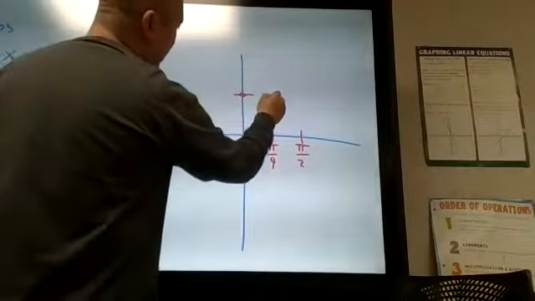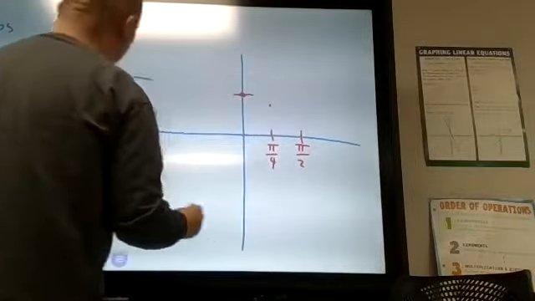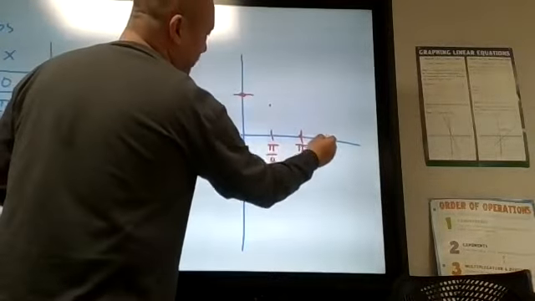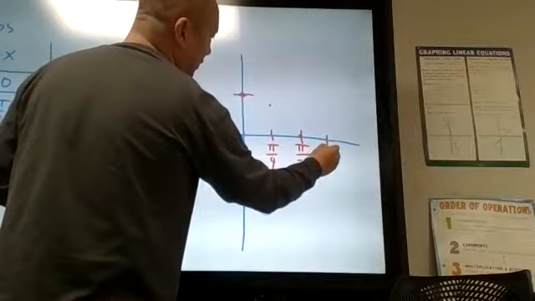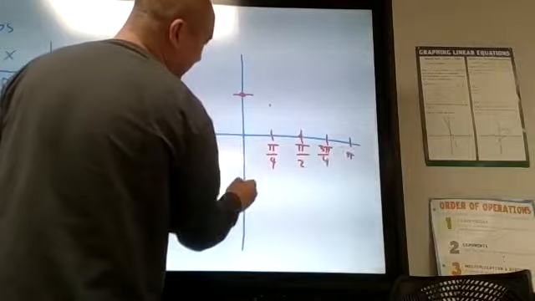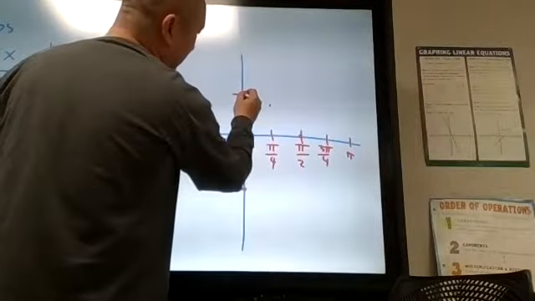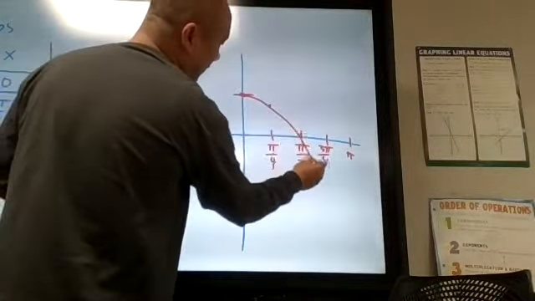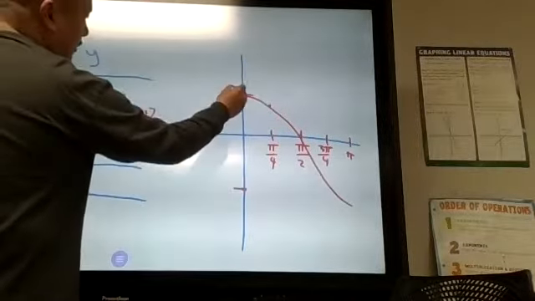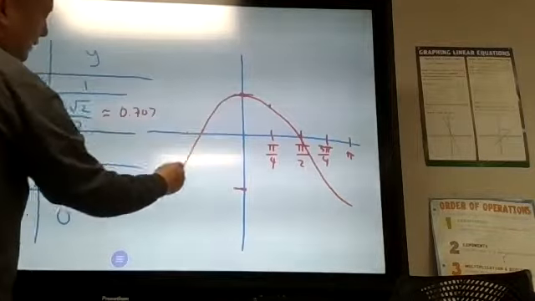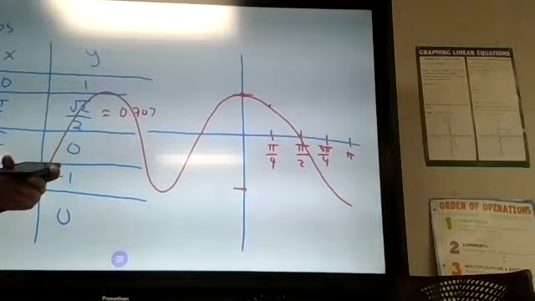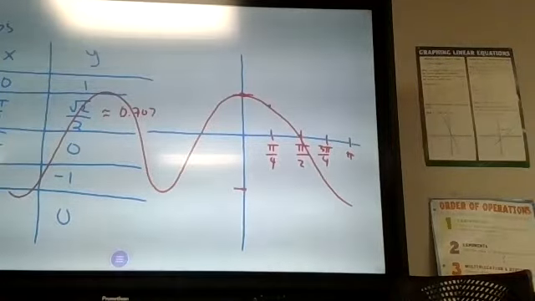So 0.707 is like right here. Pi over 2 makes this 0, right? This is 3 pi over 4. And then this is pi. And by the time it hits pi, it's going to be at -1. So it would be going this way and this. All right? And so if you go this way, you're going to notice that the graph does something like this. All right? So that's the cosine.